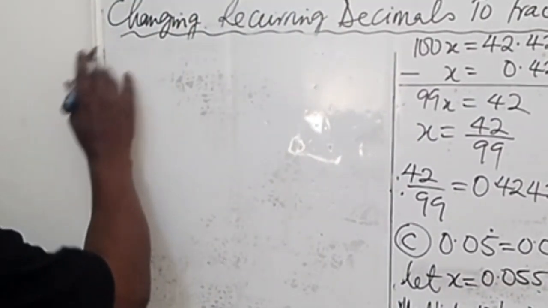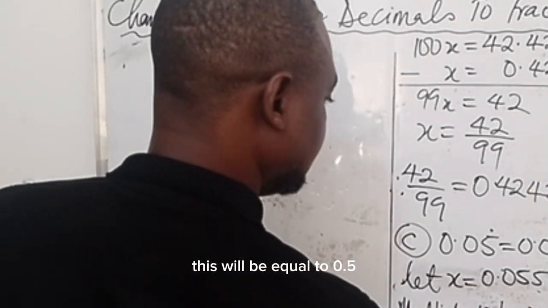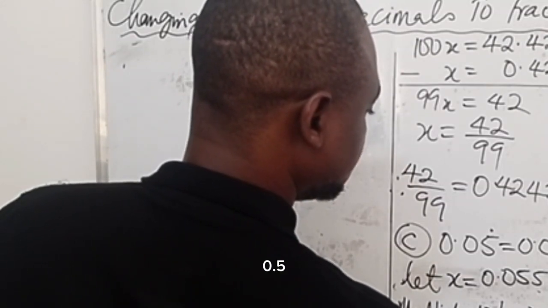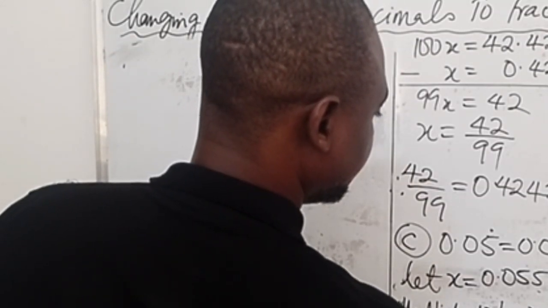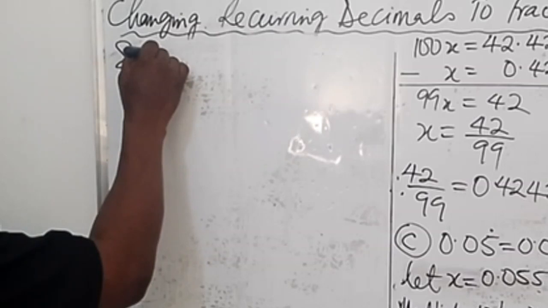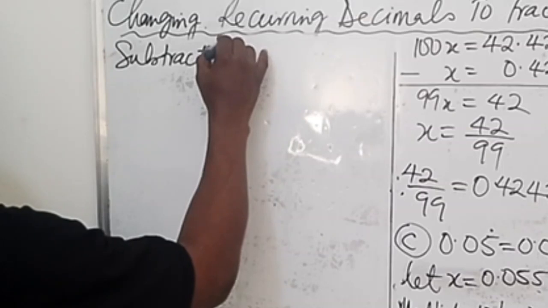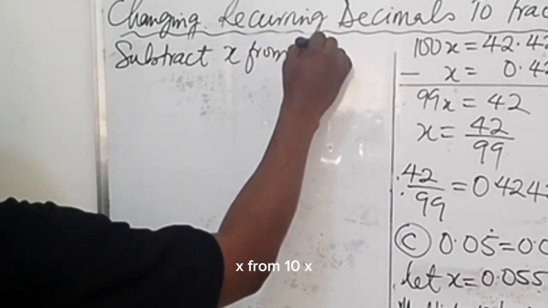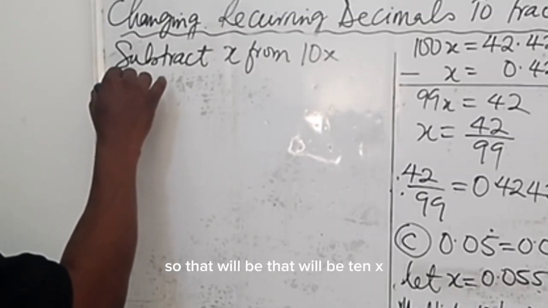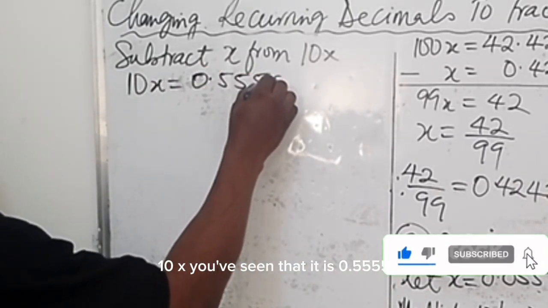So this will be equal to 0.5555. Then subtract x from 10x. So 10x, you've seen that it is 0.5555.